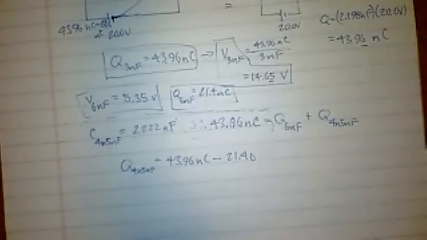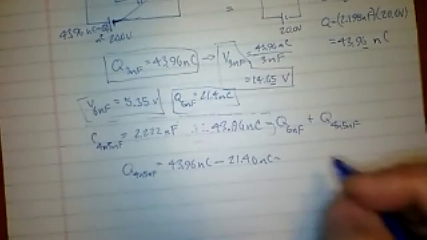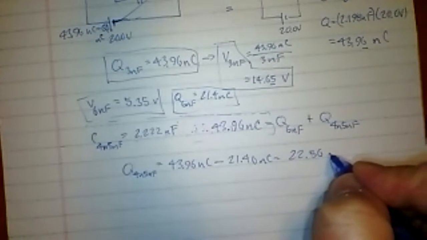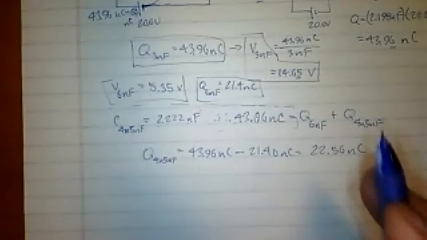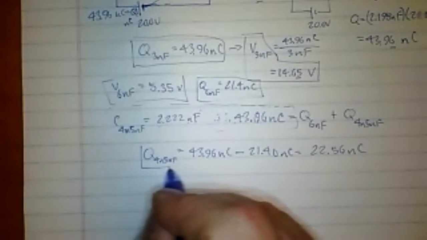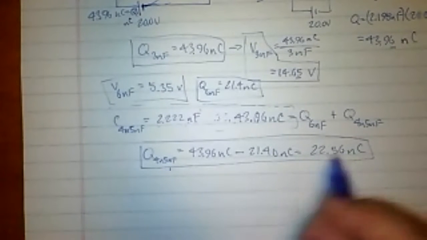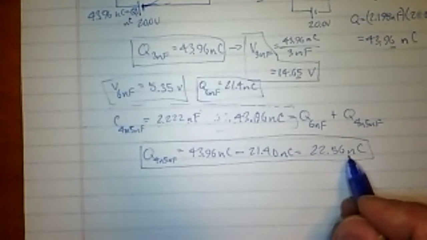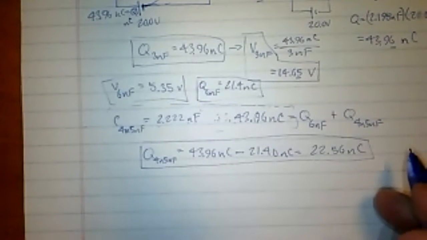Yeah, it was 21.40 nanocoulombs. And when I subtract those two, I got 22.56. Now that should give me the same answer that I got if I do the other way with here, but for some reason I didn't. So I'm going with this right now just to see what happens, and maybe I'll figure out something that went wrong a second ago. So both the 4 and 5 nanofarad capacitors are going to have 22.56 nanocoulombs on them. Well, that means those two voltages should add up to give us the 5.35.